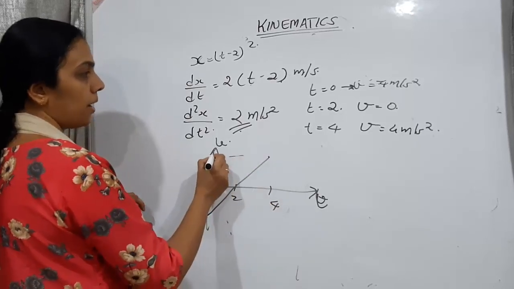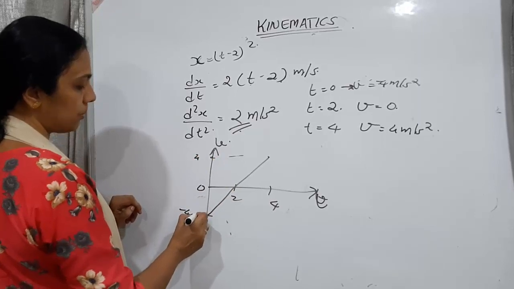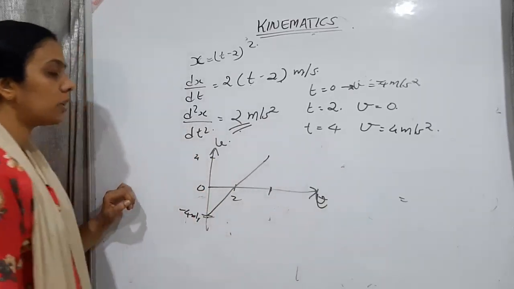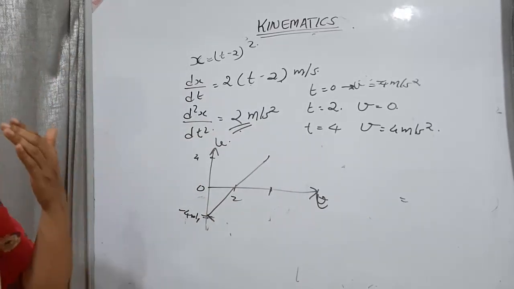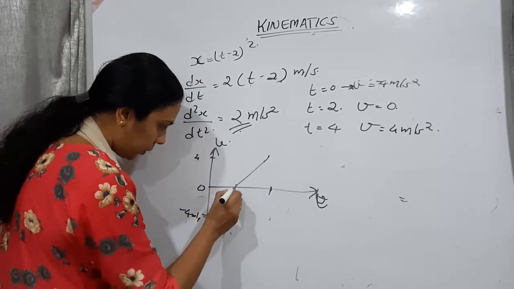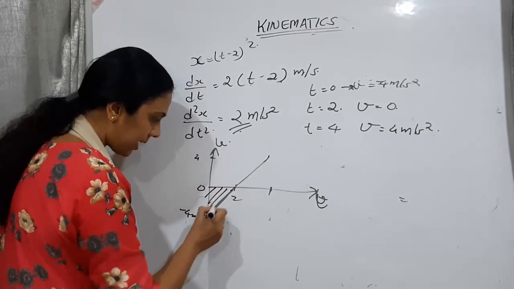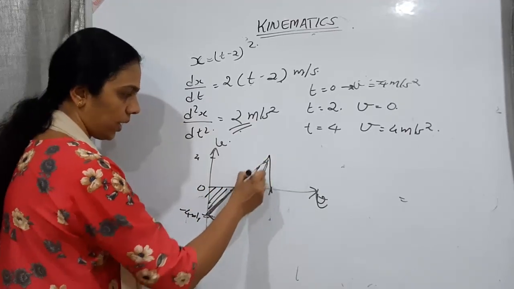Here it is 4 meter per second, and here it is minus 4 meter per second. So we got the graph like this. Now how can we find the distance traveled? It is the area under the graph. From here to here, this is the area, and from here to here, the area will be this one.